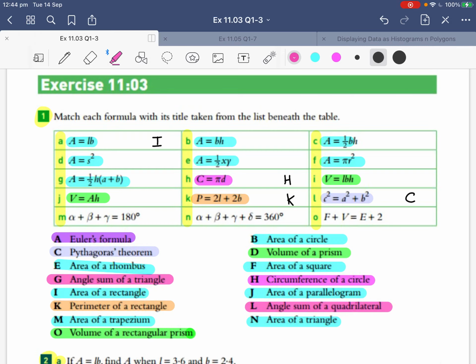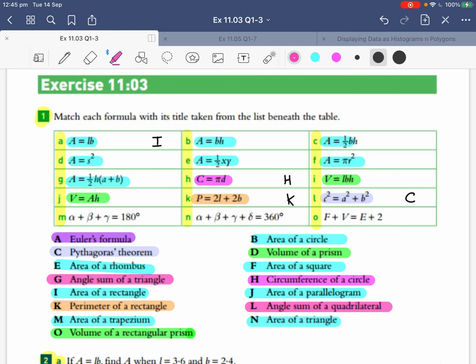You can use your own knowledge to work out which formula is the angle sum of a triangle. Remember what the angles of a triangle add up to, and what the angles of a quadrilateral add up to. Whichever one isn't the angle sums will be Euler's formula. So I'll leave you to have a go at doing those.